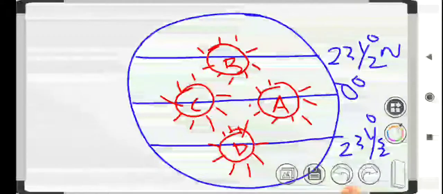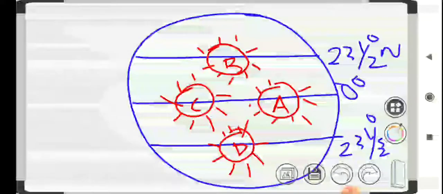And what about B? Where is the position of the sun? In B, sun rays fall vertically over the Tropic of Cancer. And what about D?